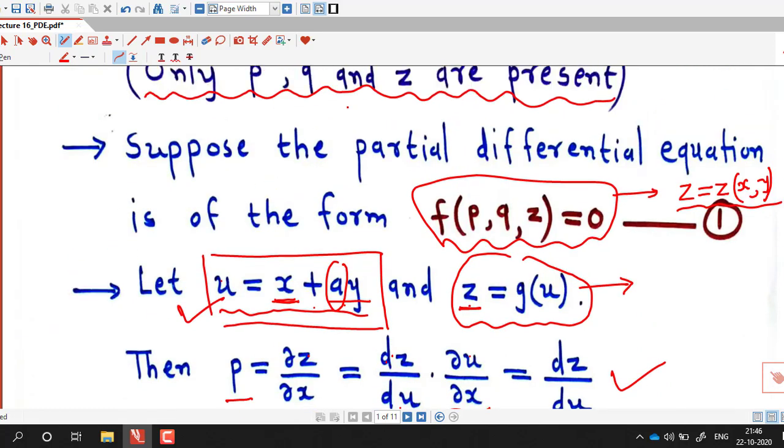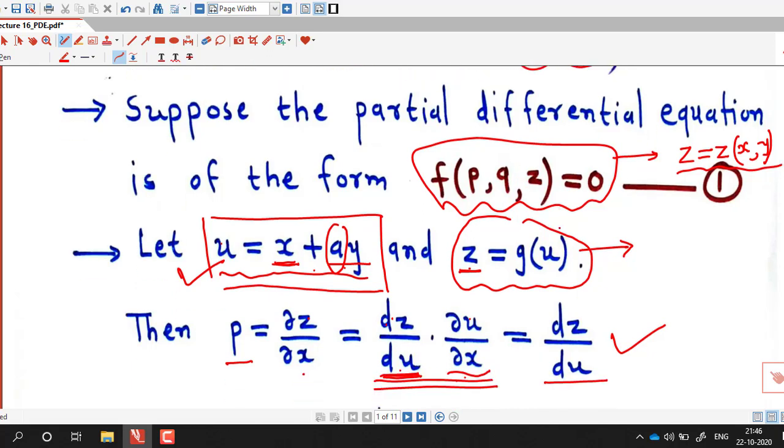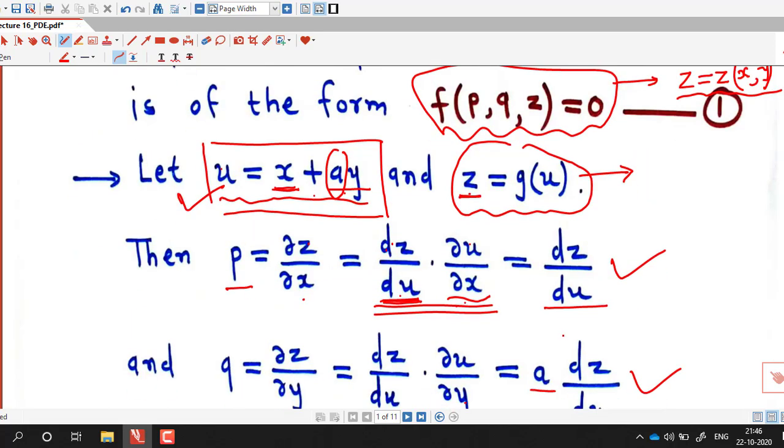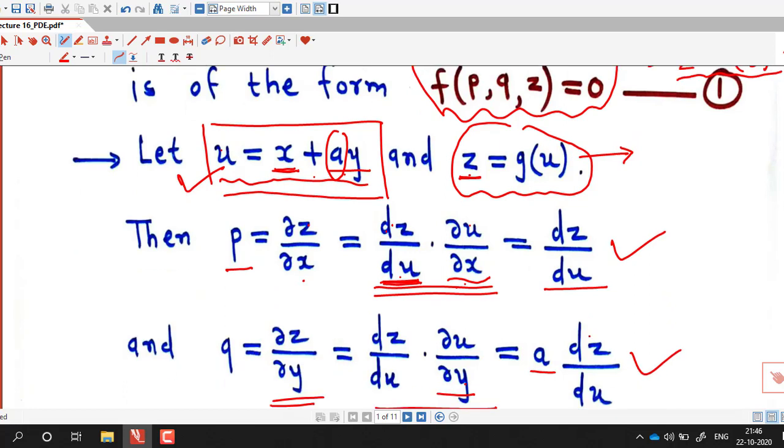So if our differential equation is in standard form 2, that is partial differential equation contains only p, q and z, then we will put small p equal to dz by du and small q equal to a times dz by du, where u equal to x plus ay and z is considered as function of u only.